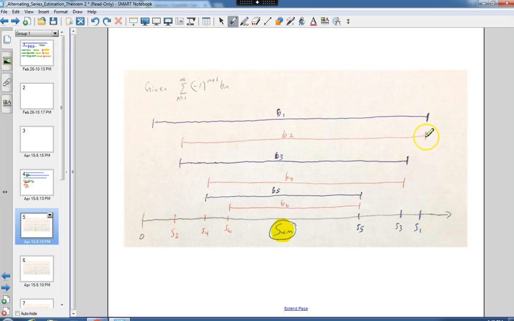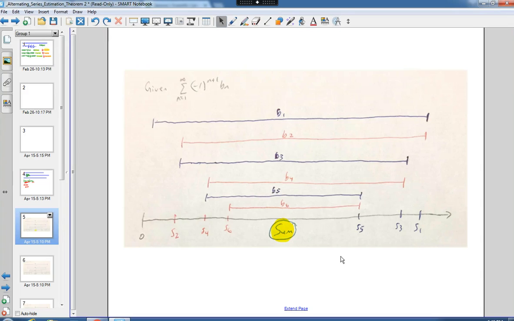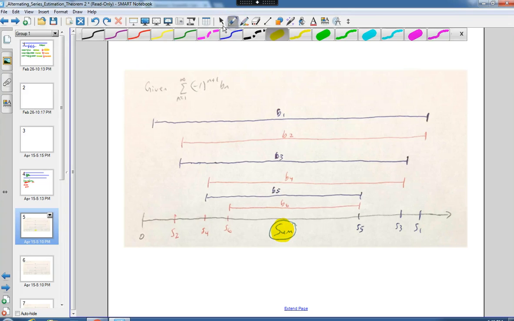And then because the series is alternating, the next term is negative. The value of that second term is represented by that line segment, so the partial sum value is located here for the second partial sum.